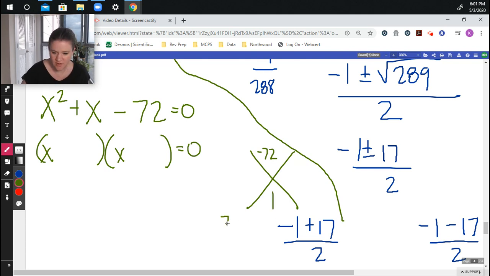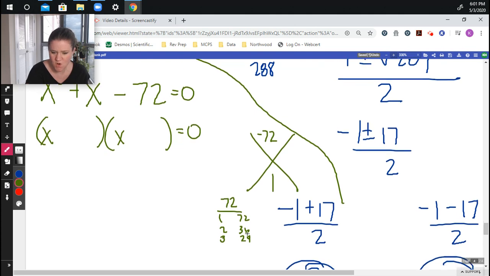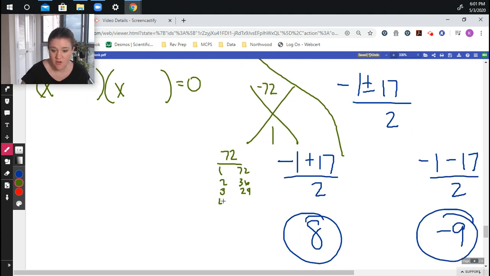Well, if I list my factors of 72, it's 1 and 72, 2 and 36, 3 and 24, 4 and 18, 5, no. 6 does, 6 times 12. 7 does not. And then 8 and 9, right?